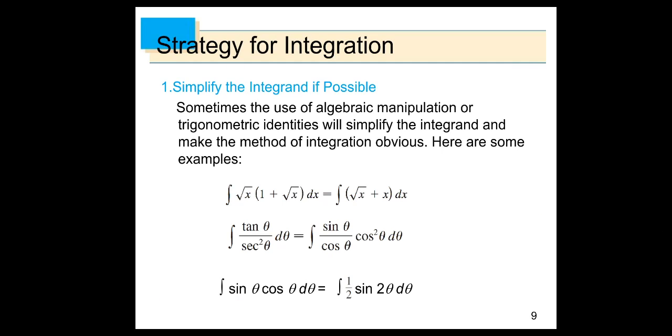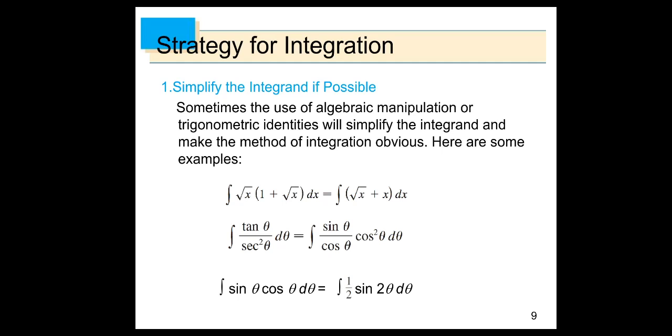So first of all, we have to simplify the integrand if it is possible, right? If it is not possible, then we can try something else. But if it is possible, we have to give it a try by using algebraic methodologies or trigonometric identities. We can simplify the integrand and make the method of integration obvious.